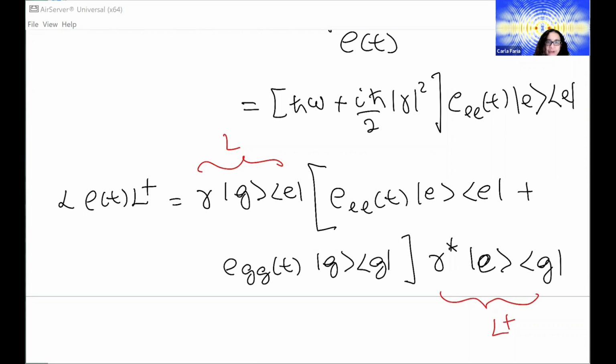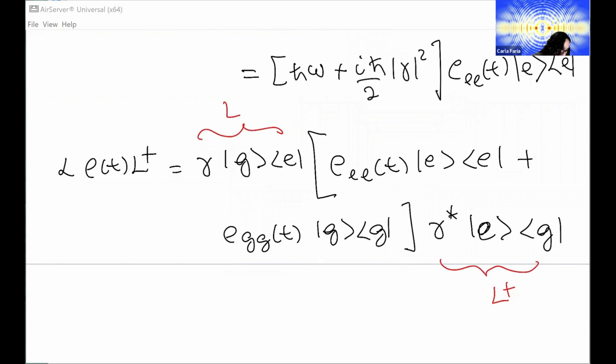Brilliant. So we have everything we need. We just need to compute. So when you apply this to this term, let's call this 1 and let's call this 2. So we want to compute this.